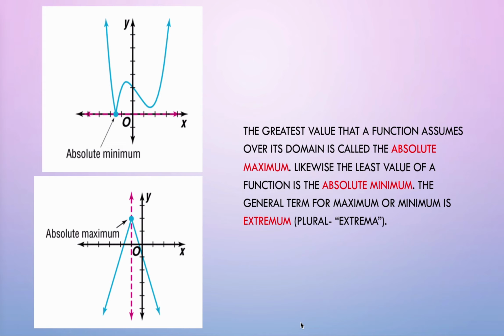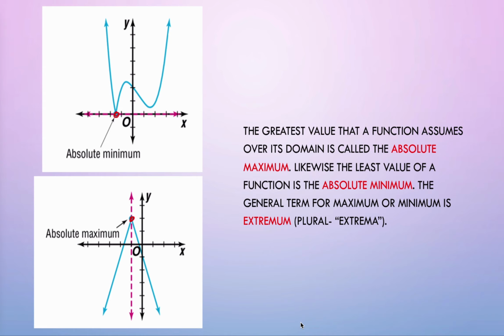The greatest value that a function assumes over its domain is called the absolute maximum. Likewise, the least value of a function is the absolute minimum. The general term for maximum or minimum is extremum, plural extrema. So this function has an absolute minimum here at about (-1/2, 0).